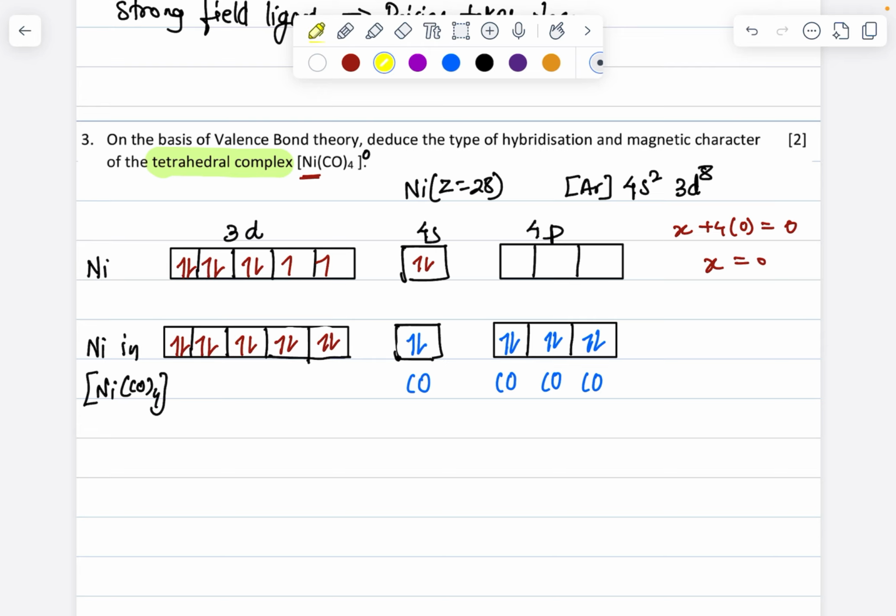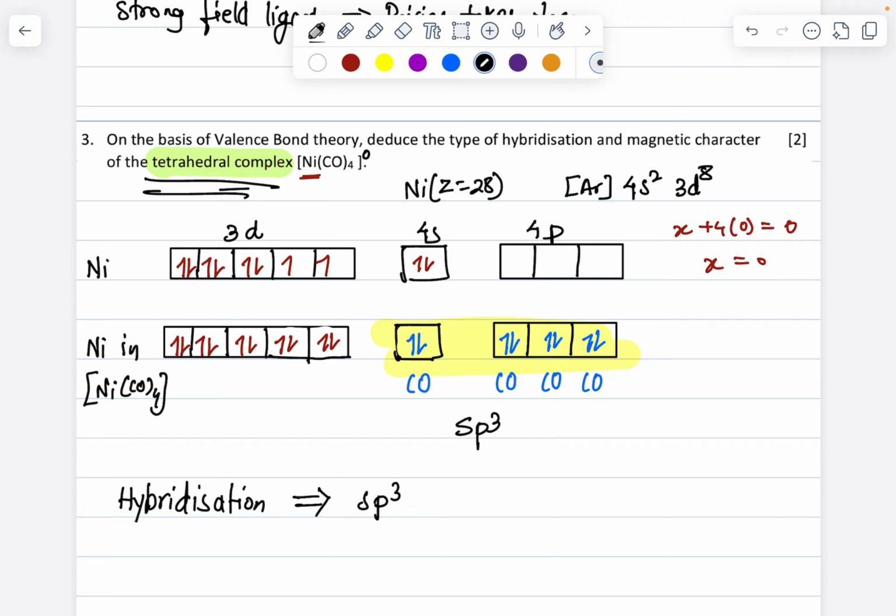So what is this hybridization? 1 of S and 3 orientations of the P, so it should be sp3, because they have mentioned it is a tetrahedral complex. So hybridization is sp3.